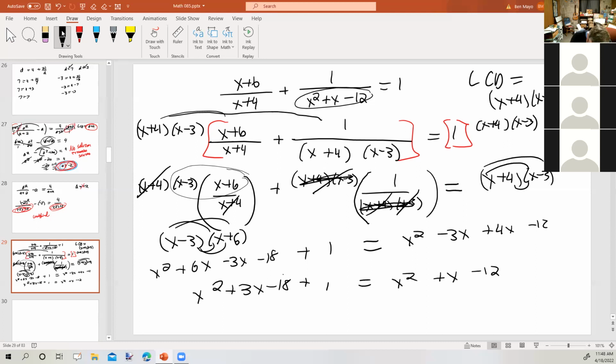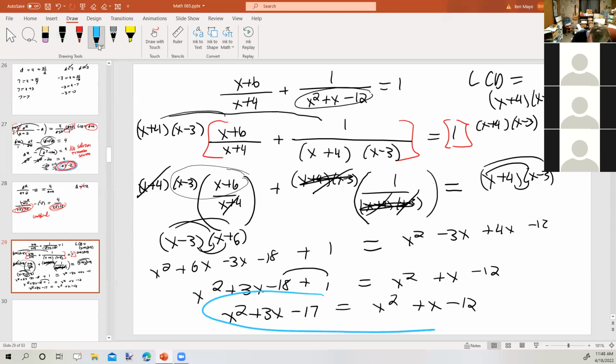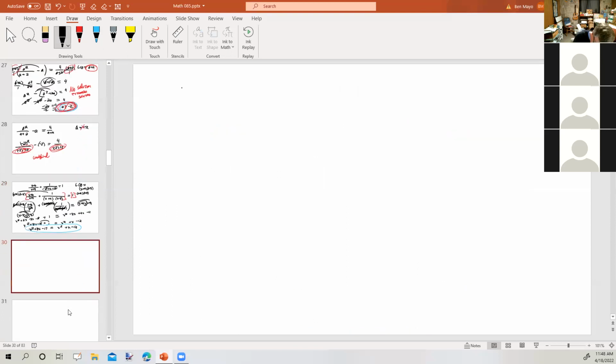Combining like terms, x squared plus 3x minus 17 equals x squared plus x minus 12. I'm going to take this and copy it on the next page in just a minute here.